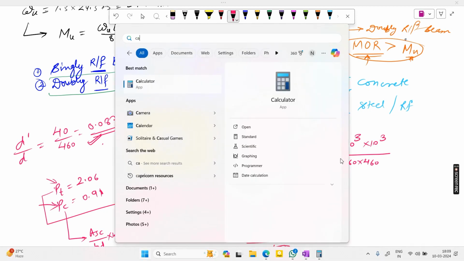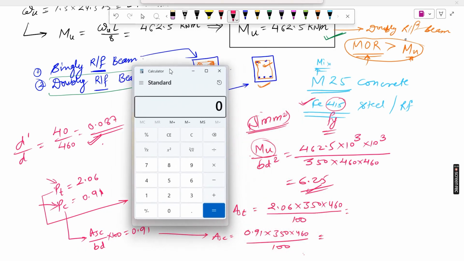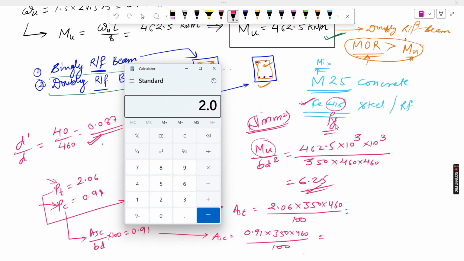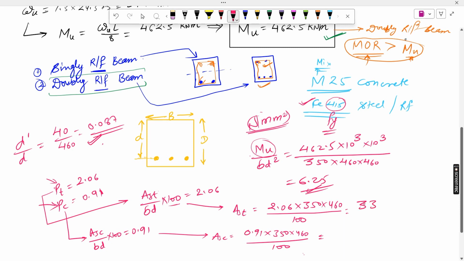So just open the calculator and I go for the calculation. Multiply by 350, multiply by 460, divided by 100, it gives 3316. So 3316 you can take as 3350, on the higher side.